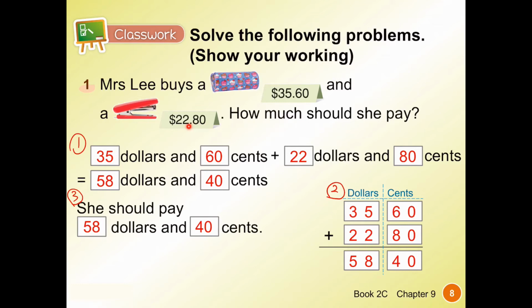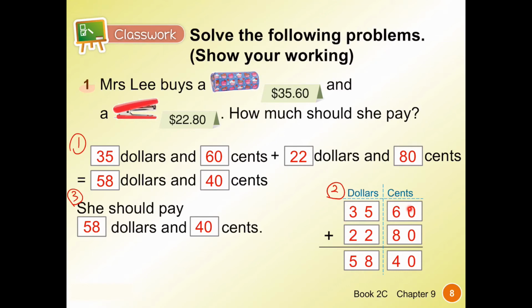And then for the stapler, 22 in front of the decimal point, so $22, and then 80 after the decimal point, so 80 cents. And then for the column form, we group the cents together, 60 and 80, and then we group the dollar amounts for the 2 items, 35 and 22.